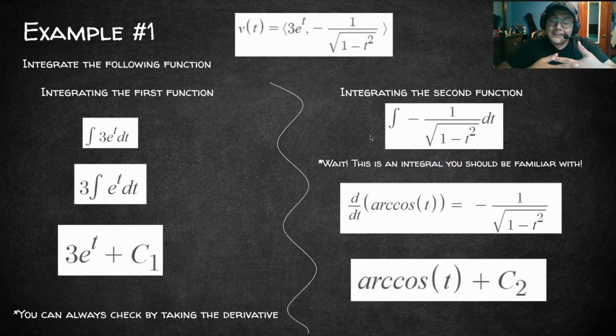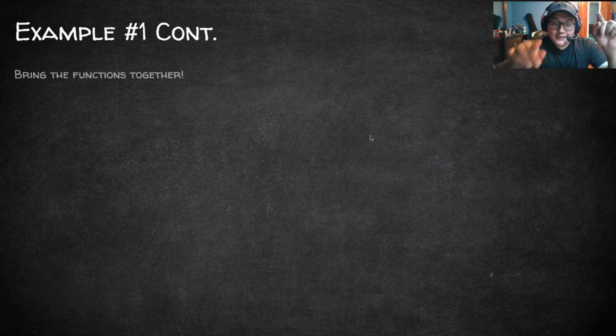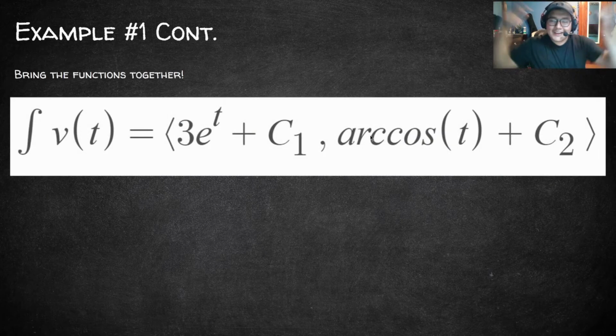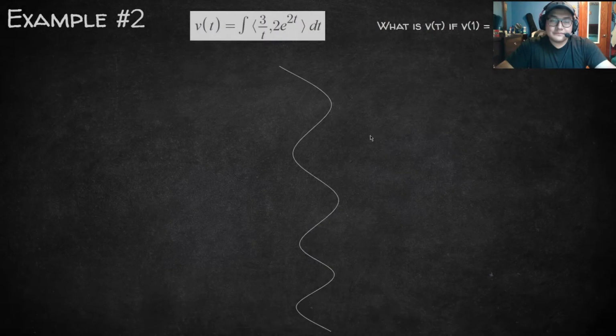So our answer is arc cosine of t plus c subscript 2. Now remember, we're not done yet. We need to put it together. Bring the functions together. We get this. This is our answer. Voila, beautiful. The integral v of t is equal to 3e to the t plus c subscript 1, arc cosine of t plus c subscript 2.